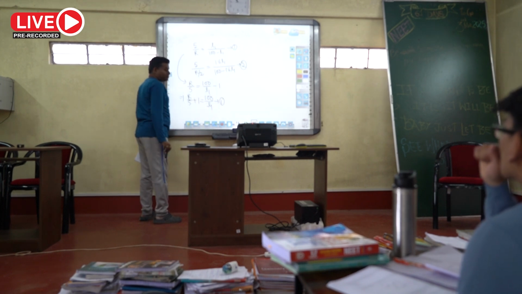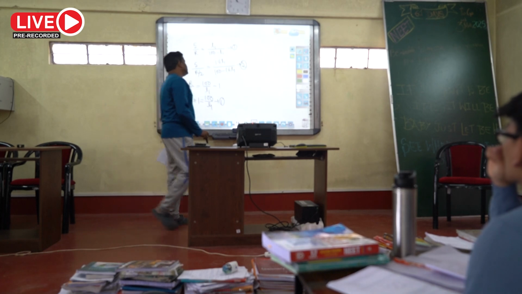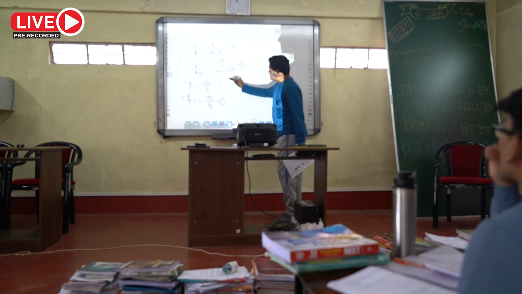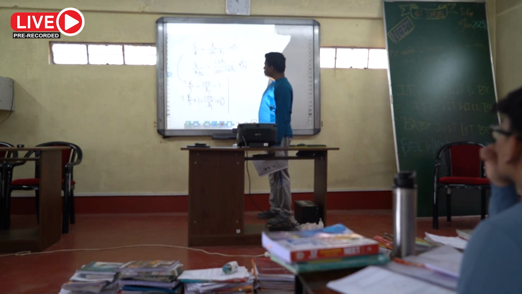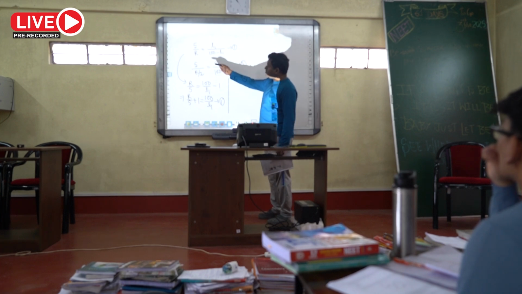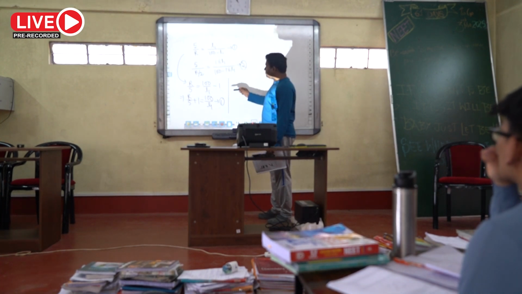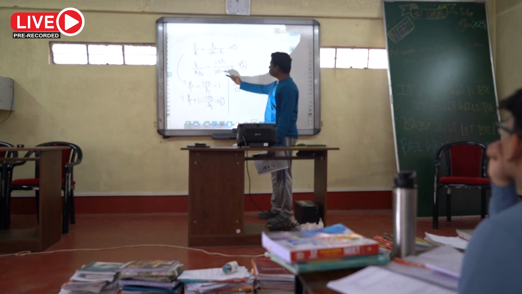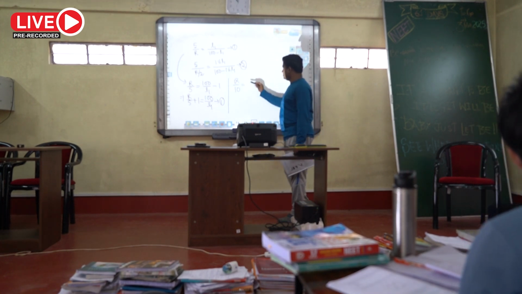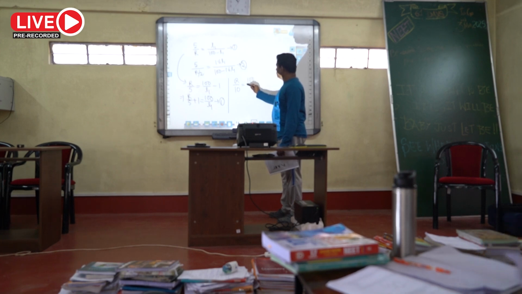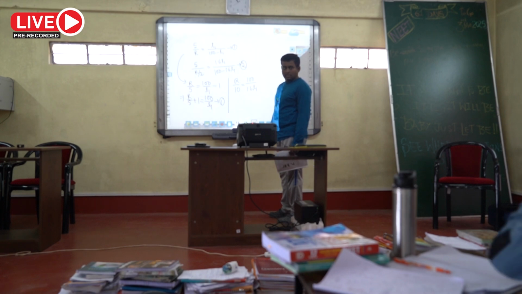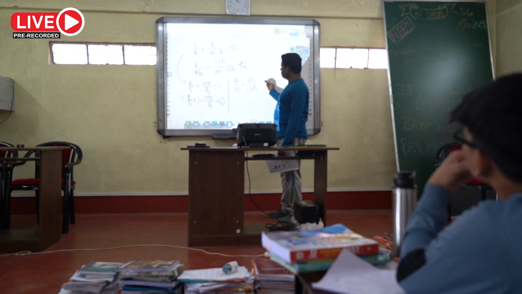This one will be your first equation after rearranging. From the second equation, this one is coming 10 by R. So if you invert this one, it will be R by 10 equal to 100 by 1.6 L1 minus 1.